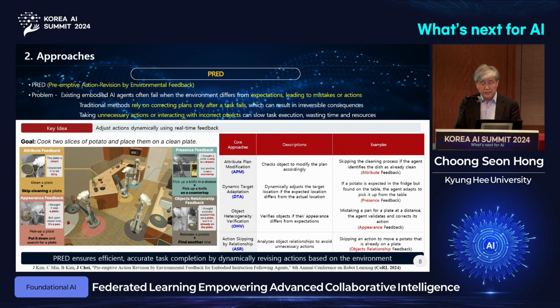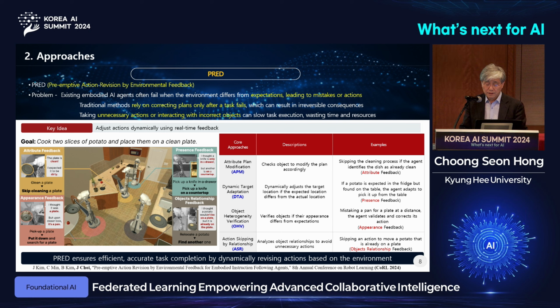To tackle these challenges, PRED introduced 4 key approaches. We have these 4 key approaches here. First, APM, or attribute plan modification, updates plans in real time by checking object attributes, allowing it to skip unnecessary actions.